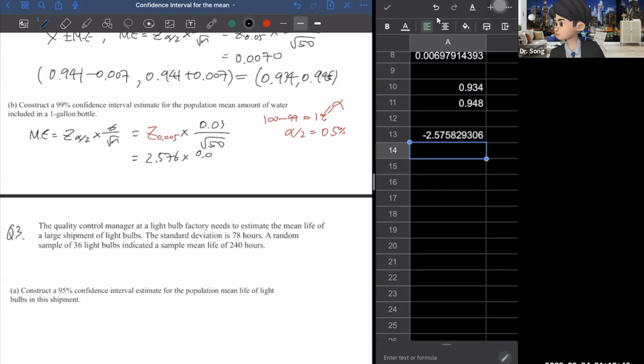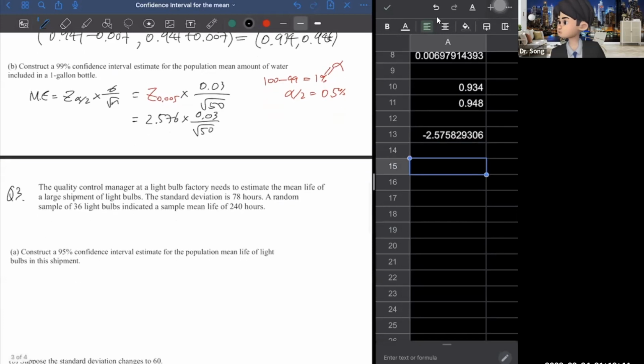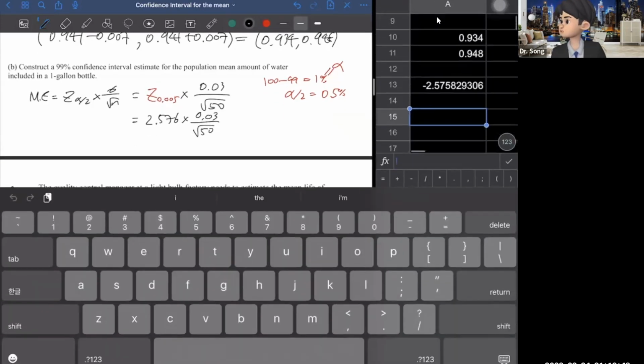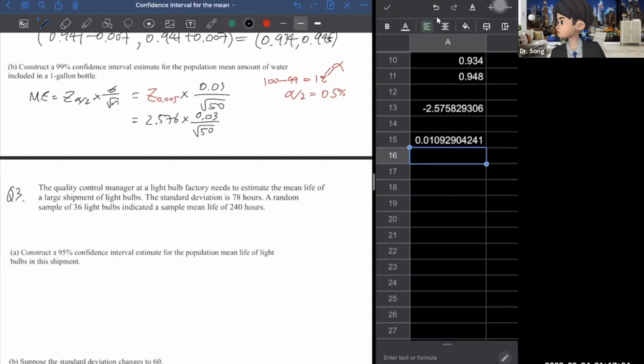Okay, and times the 0.03 over square root of 50, then I can find the margin value. So let me find the margin value real quick. So put the equality, 2.576 times 0.03 over square root 50. That gives me the margin value, that is 0.0109.